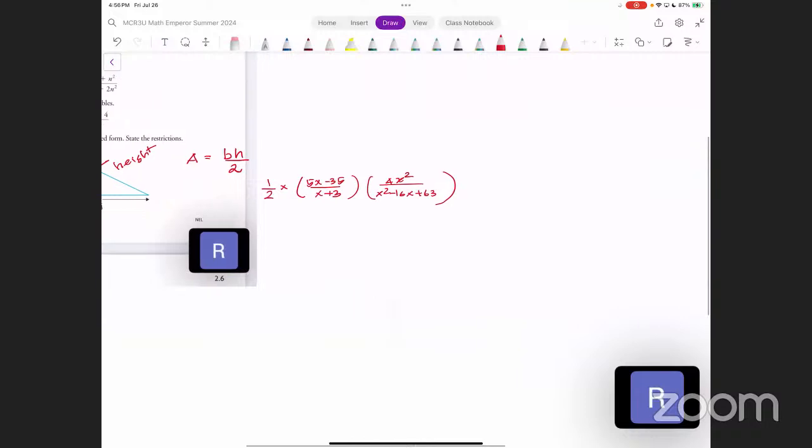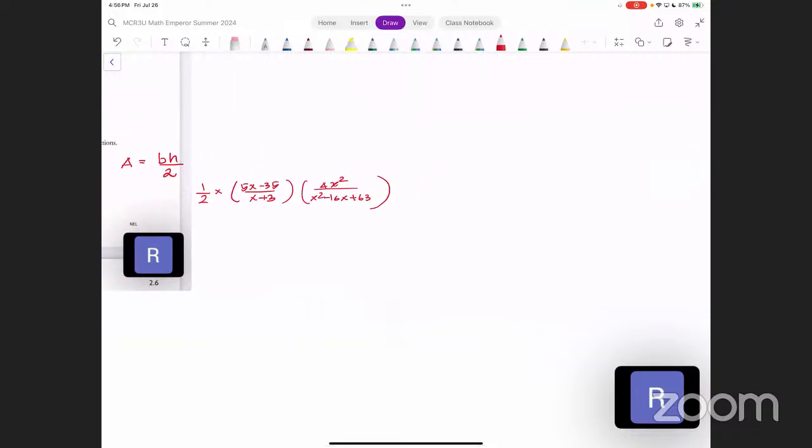So what do we need to do? We have to factor it, cancel the like terms and simplify. So half times, 5 is a common factor, x minus 7 over x plus 3, nothing you can do for that one, over x squared.